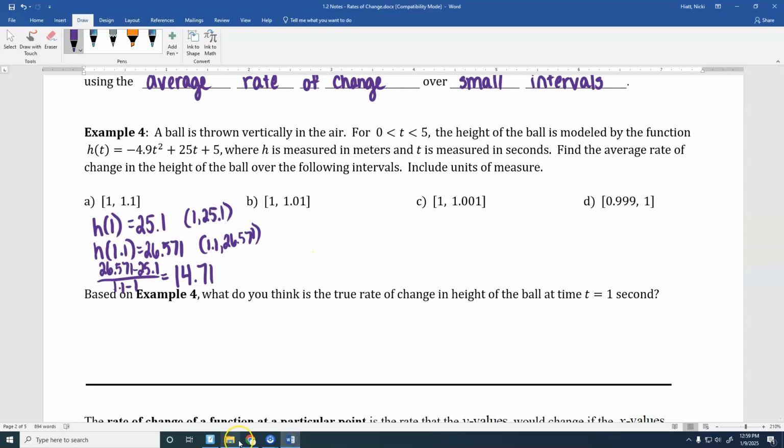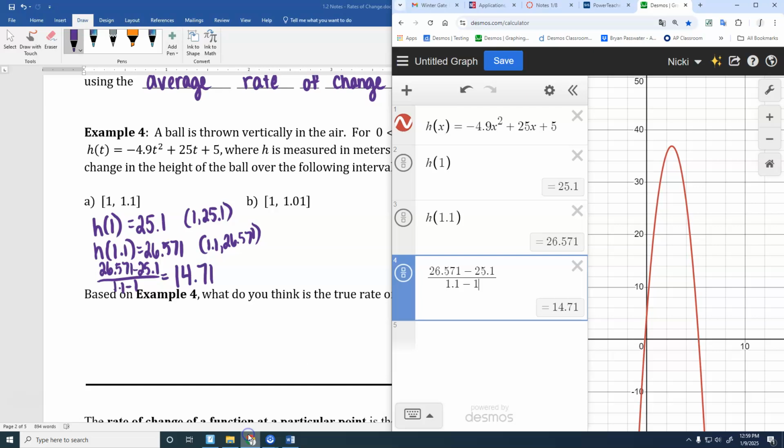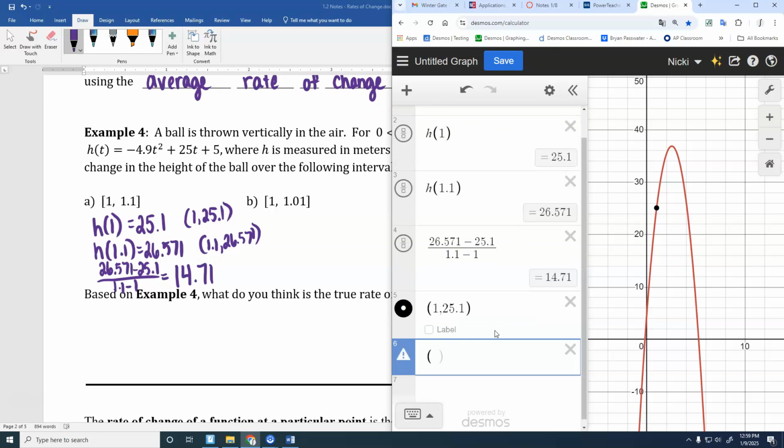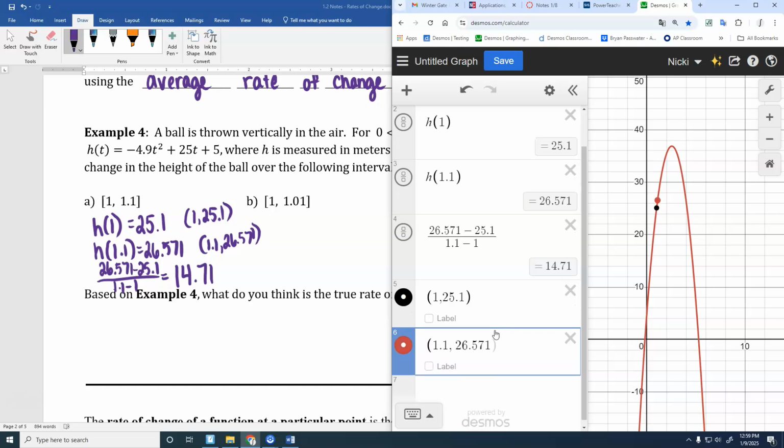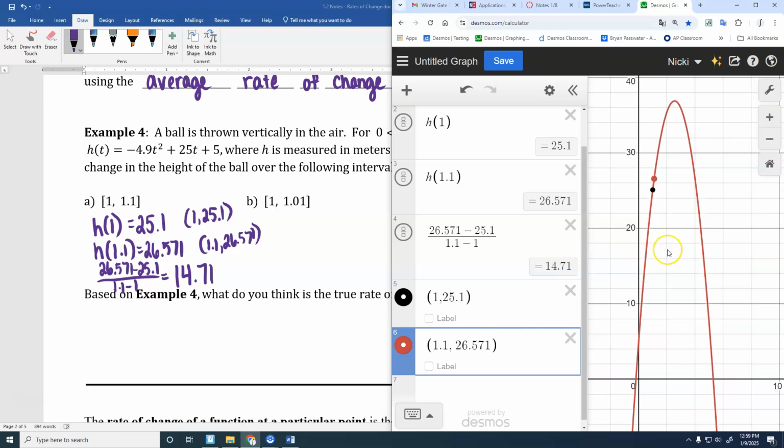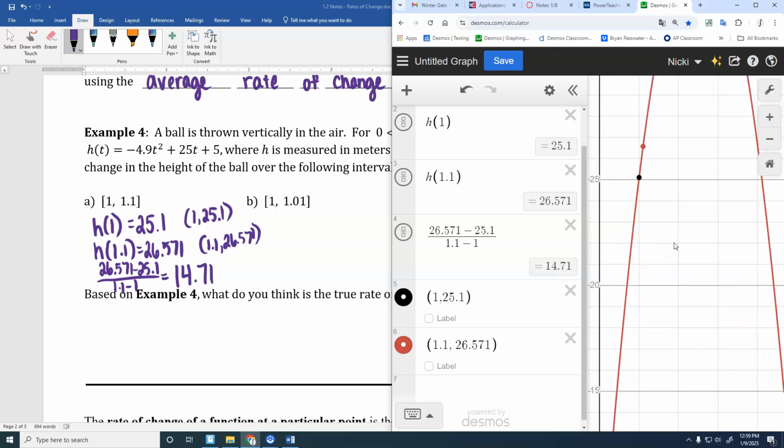Okay. All right. So, if we want to do this same thing for the next point, actually, first I want to do this. I'm going to graph those points. 1, 25.1, and 1.1, 26.571. Alright, so graphing those points, you can see right there, we're finding the slope of that like little line right there.